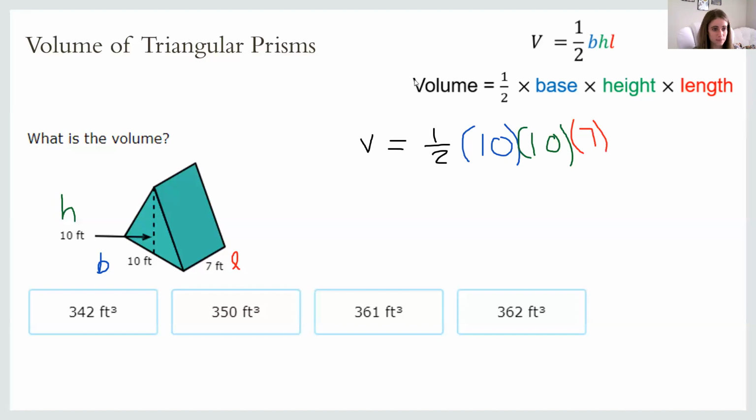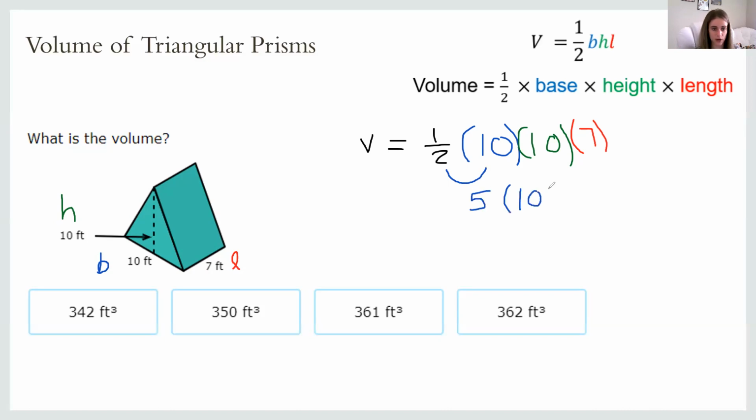So right here, I'm going to do 1/2 times 10 first, because I know that half of 10 is 5. When you multiply something by a half, that's the same thing as dividing by 2. So 1/2 times 10 is 5.